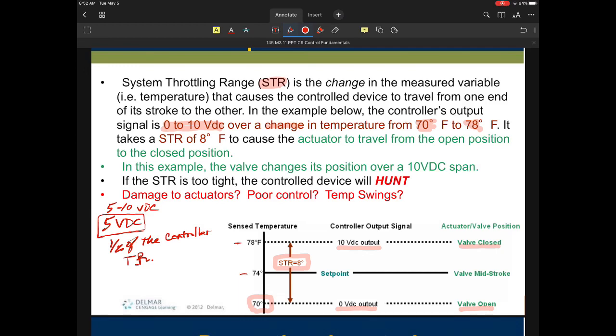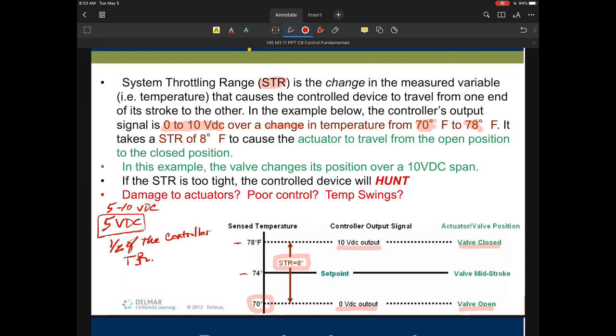Now, what do we have to look at additionally? One of the concerns that every technician has is that in the event my system throttling range becomes a little too tight, one of the problems I can have is that it will cause the control device to hunt.